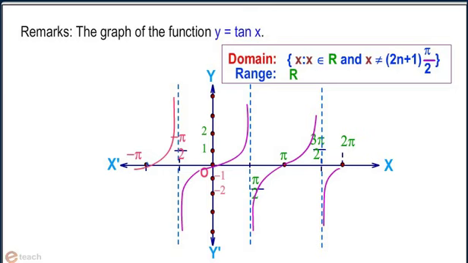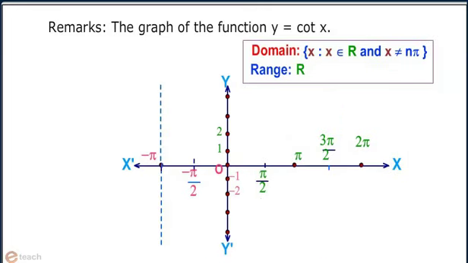You can see that at x equals (2n+1)pi/2, cos x becomes 0. So tan x cannot be defined. That is why we have excluded this from the domain. The range of tan x is set of all real numbers. You can observe the graph.